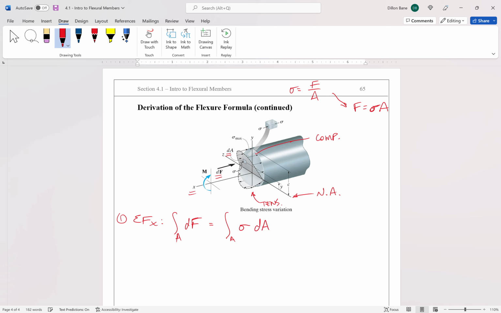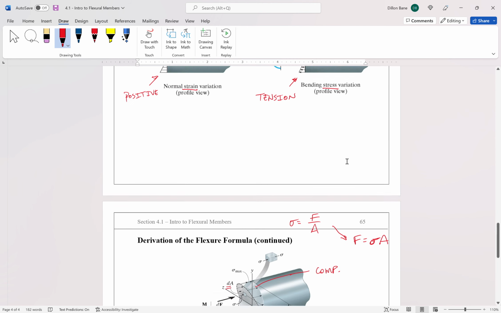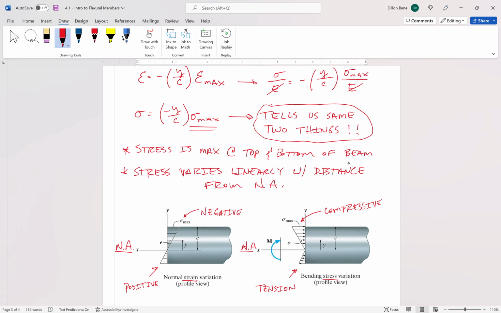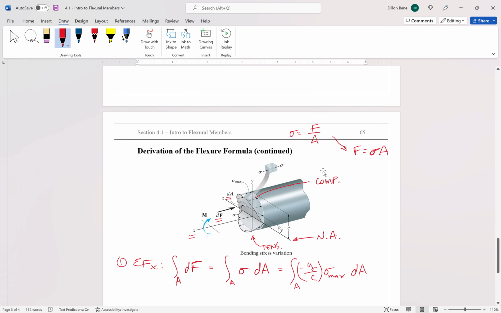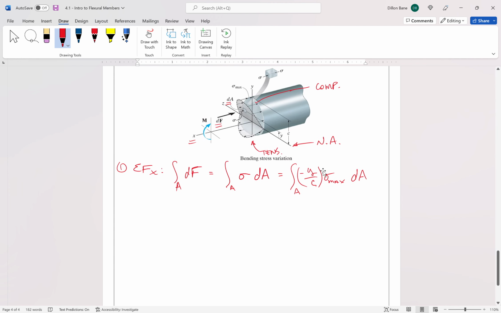Then plugging in our equation for sigma, we get the integral over A of negative y over c times sigma max dA. Just plugging in the equation we already came up with for sigma, and we're left with this.